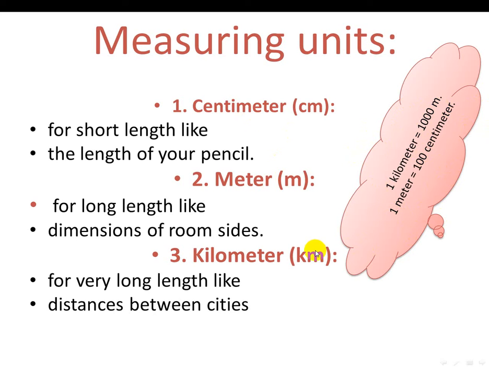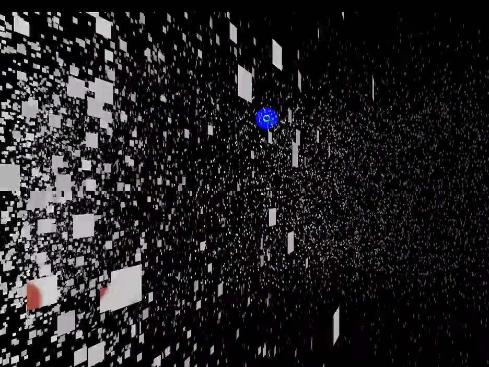Again, the 1 kilometer has 1,000 meters, and the 1 meter equals 100 centimeters. So that's about the length.